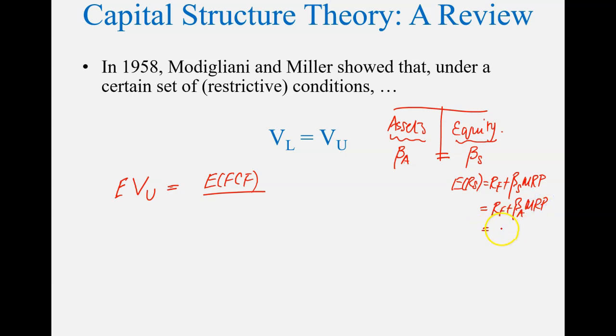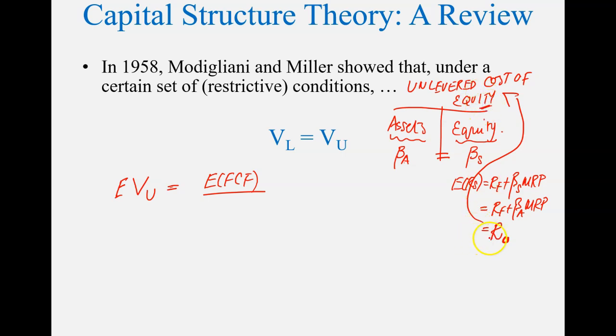This is a cost of equity, but I am going to denote that by the symbol R0. This is referred to as the firm's unlevered cost of equity. Unlevered cost of equity is cost of equity, don't get me wrong, but it is a very specific cost of equity.